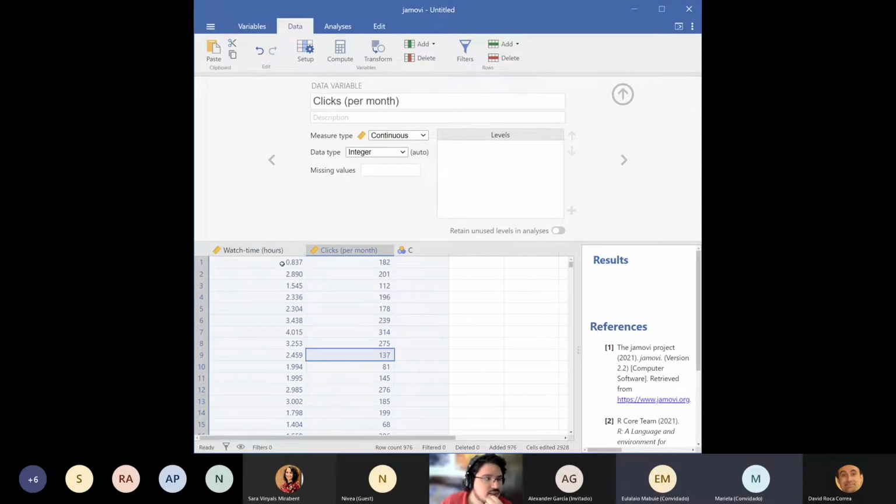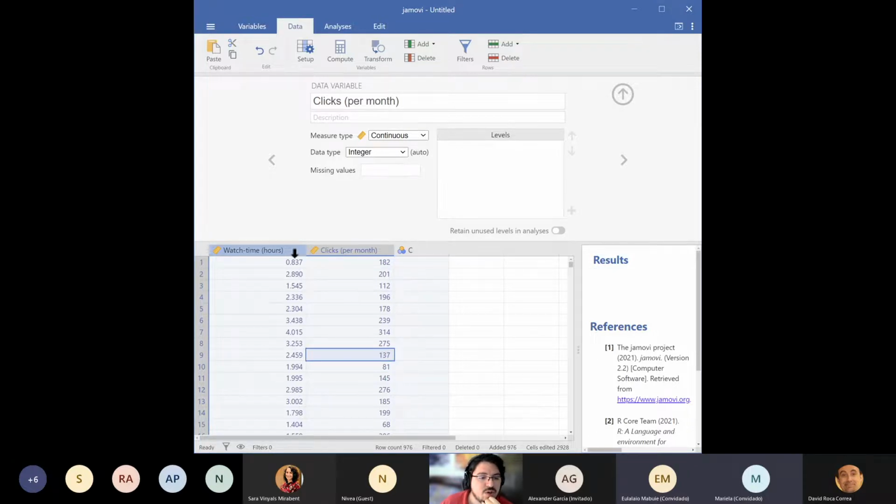Now, for instance, here we see back again the idea of mean. So let's explore the mean of these two variables that we have here. Let's go to watch time in hours.